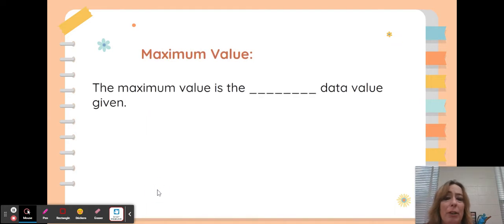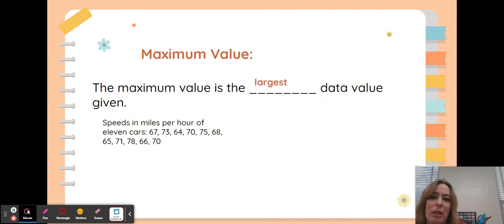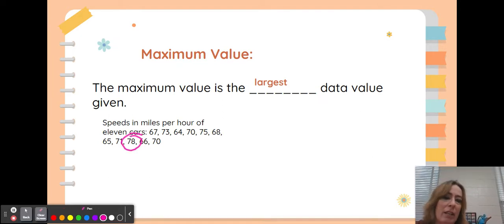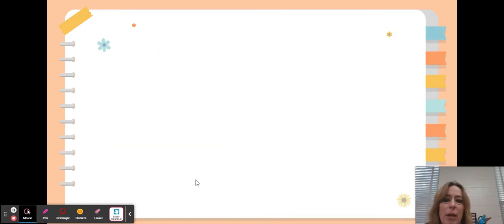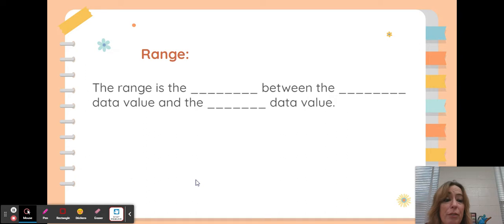Okay, the maximum value. The maximum value is the largest data value given. So we can easily see that 78, get my pen, 78 is the largest one. So we're going to put 78 there. All right, here we go. Now the range. You guys have learned about range.